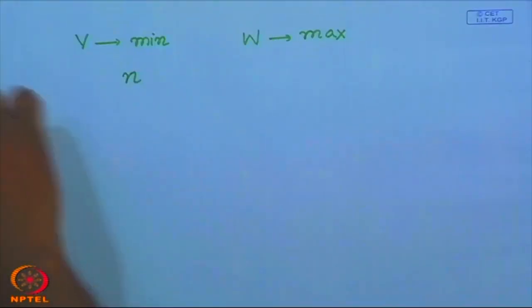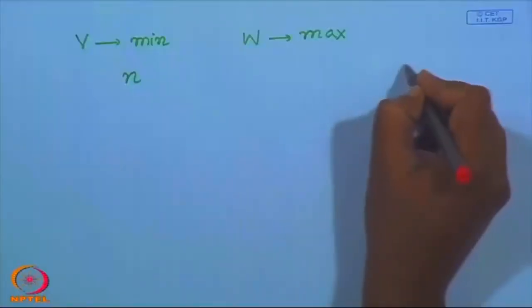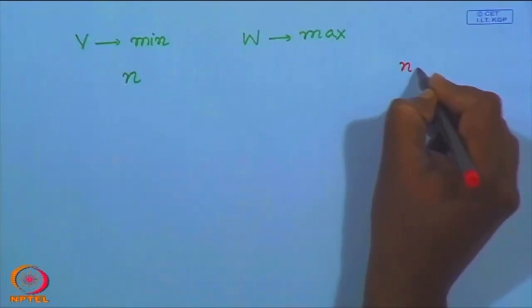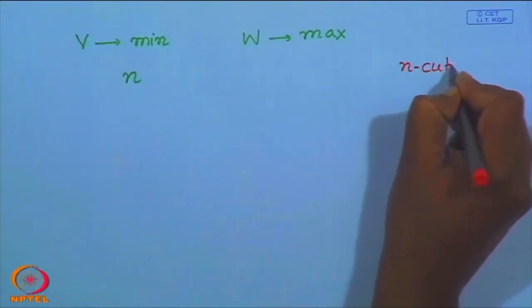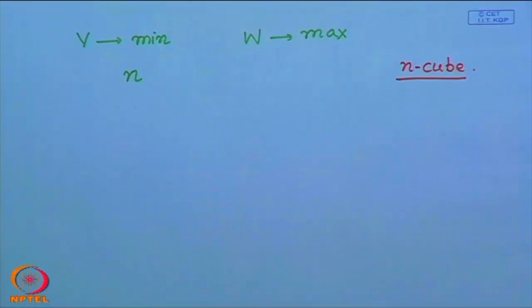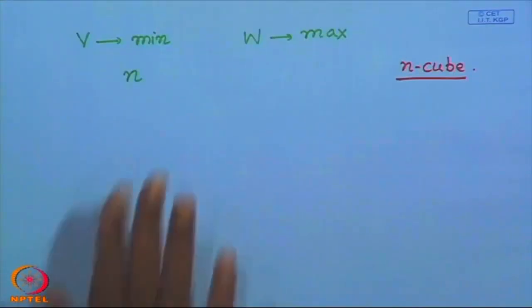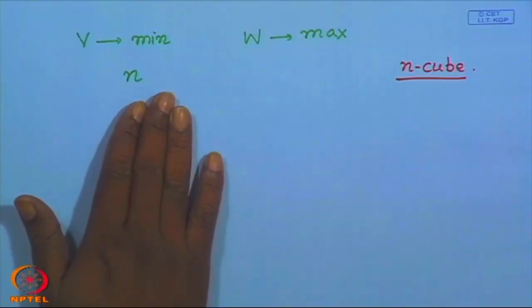Incidentally, let me mention that a hypercube in n dimensional space is called an n cube. Similarly, a hyperparallelogram in n dimensional space will be called an n hyperparallelogram. These are the terms that we use. So, what I have is n dimensional space.